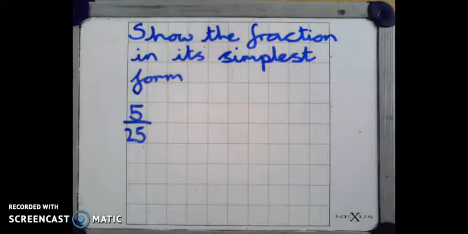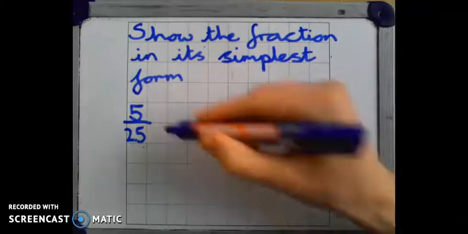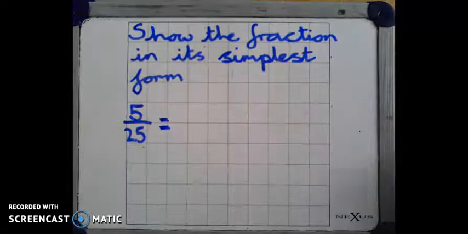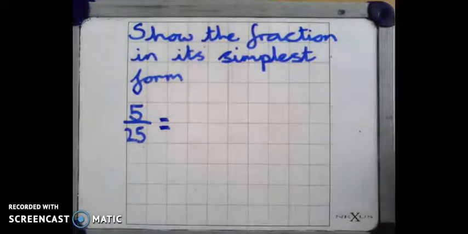Here's another fraction, 5/25, and we need to show this in its simplest form. So let's think of step 1 again. Divide the top number and the bottom number by the same whole number, asking ourselves, which times table are both these numbers in? Well, I know from my 5 times table that 25 is in that, and 5 is obviously in the 5 times table.